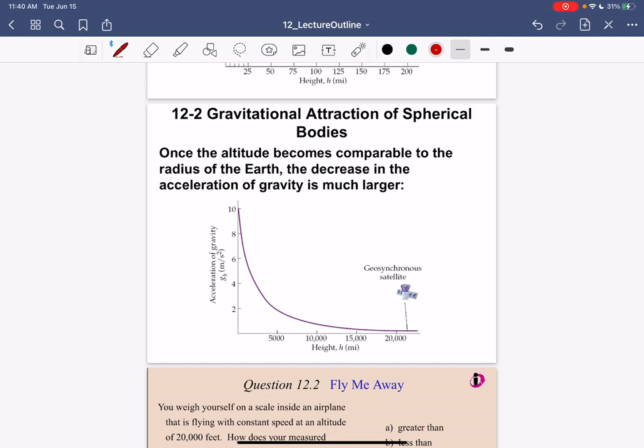One of the things that I want to mention here is that geosynchronous satellites are the ones that have the same period as the Earth's rotation, and they will be on the same spot the whole time because they are synchronized with the rotation of the Earth.